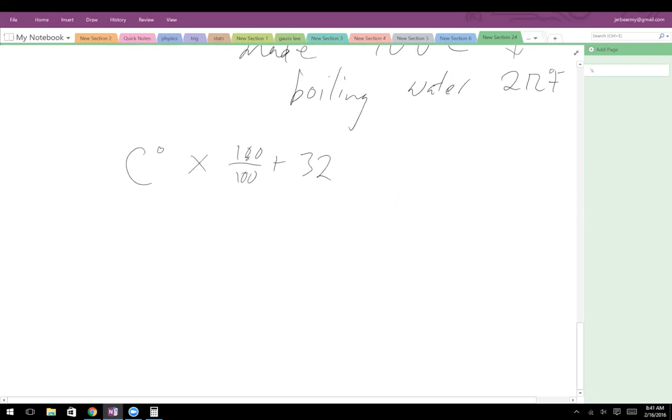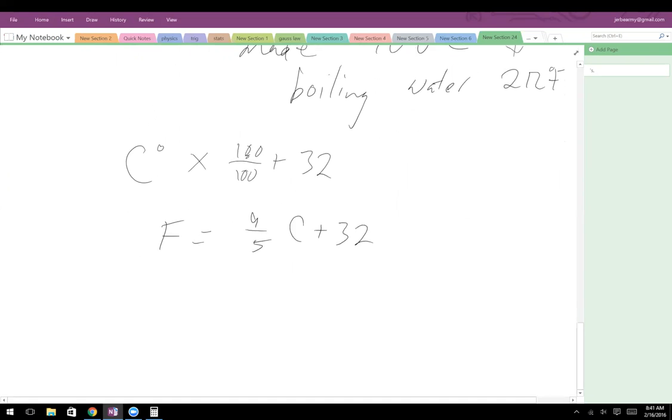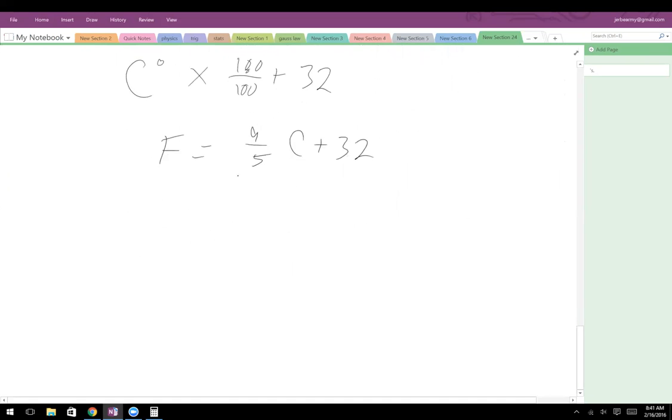Or if you reduce that fraction, it's 9 over 5. So Fahrenheit is 9 over 5 Celsius plus 32. And if you get the Celsius by itself, going the other way, you go Fahrenheit minus 32 and then times 5 over 9.